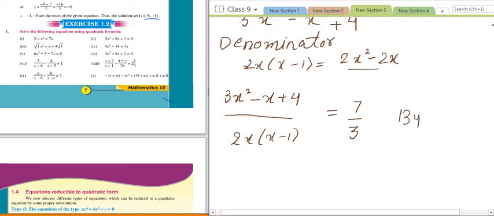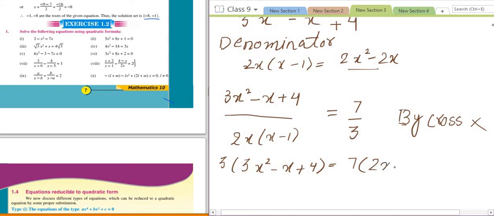By cross multiplication, we get 3 into 3x square minus x plus 4 equals to 7 into 2x square minus 2x.